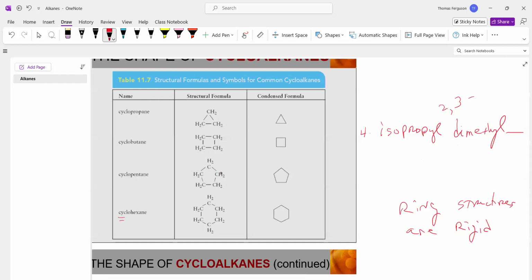I want you to note here as a flag that anything rigid means the carbon-carbon single bonds are not free to rotate. It is in one configuration only.